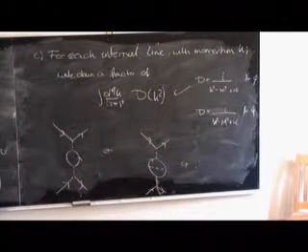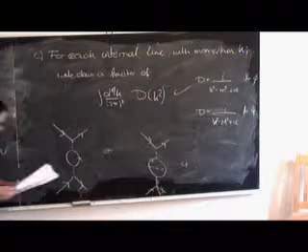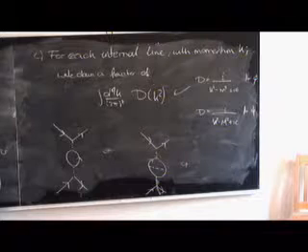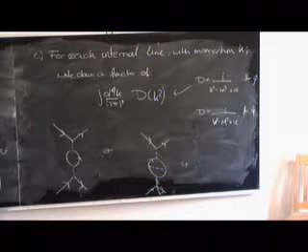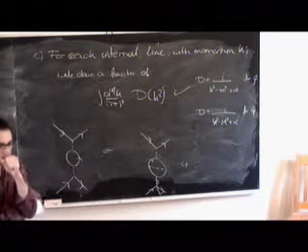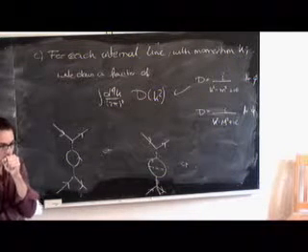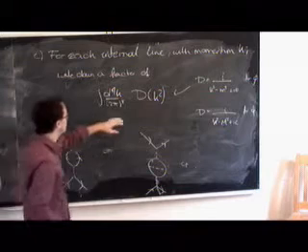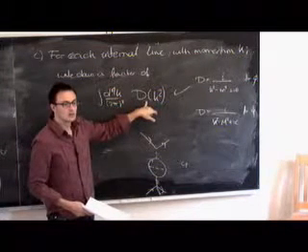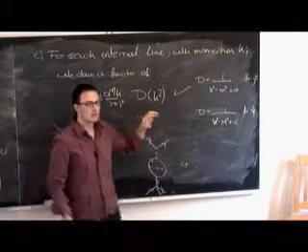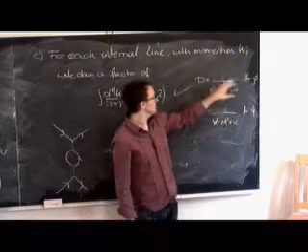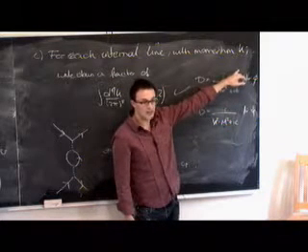Is this clear? The e to the i. Right, the Feynman propagator was basically the Fourier transform of this. It was this multiplied by e to the i k dot x minus 1.